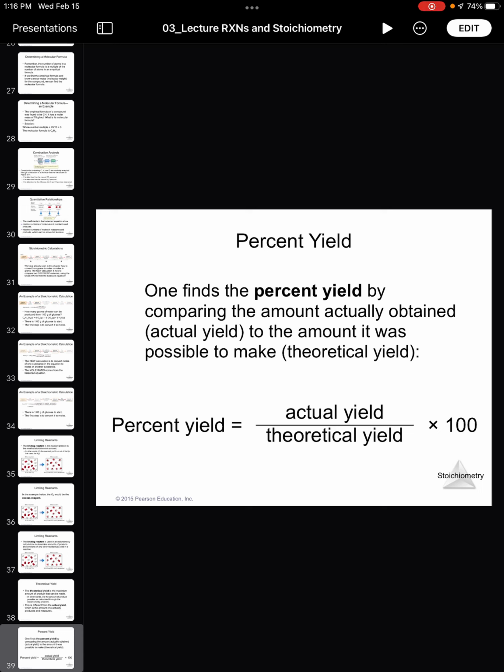I'm going to give you 1 or 2 problems in a separate exercise and assignment, and there will be video homework working through it, a video help session working through the homework. I'm going to give you another assignment on limiting reagent, and then another one on yields, percent yields, theoretical yields, actual yields, and put it all together.